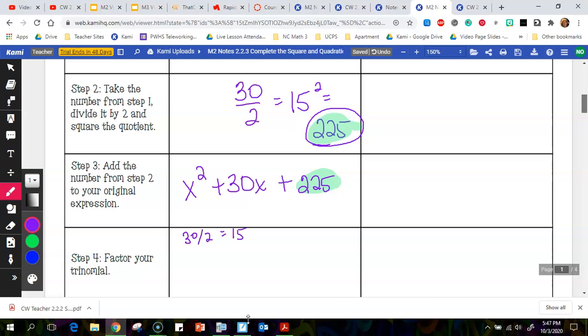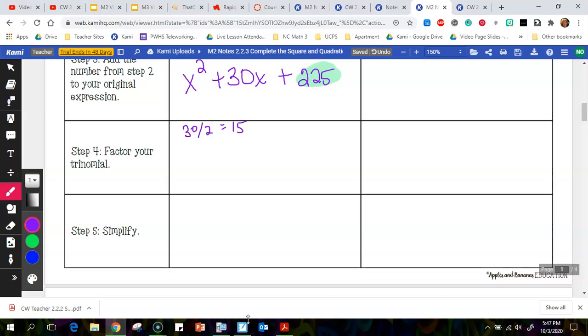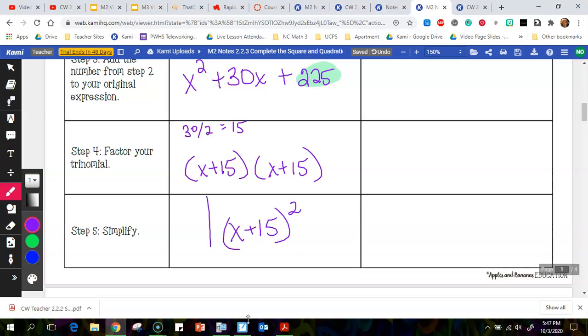That's going to be the number part of my binomial. So it's going to be x plus 15 squared. Now, this part doesn't really serve a purpose without there being an equation. We're going to look at equations in the next section.